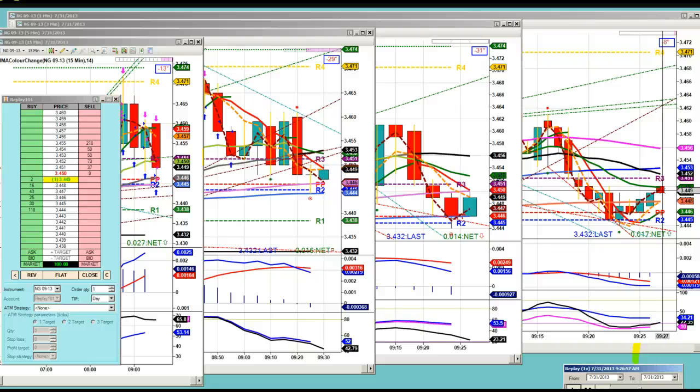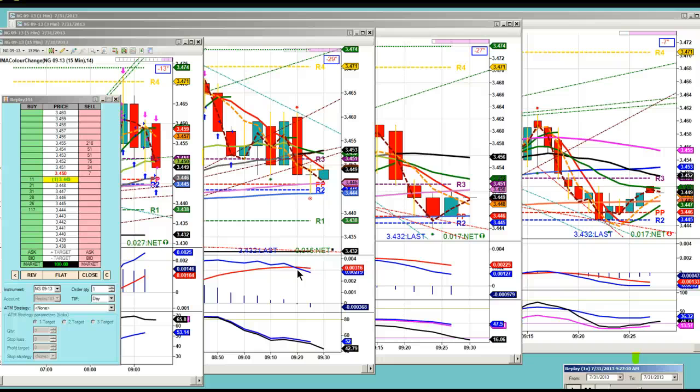The thing that I don't like about this particular trade is we are technically out of sync. Can you see that the 5 minutes is crossing down, the 3 minutes is crossing down, the 1 minute's crossing up? Even though we're getting a perfect trade scenario, the other thing I didn't like before was the 3-minute was not north of the HMA.